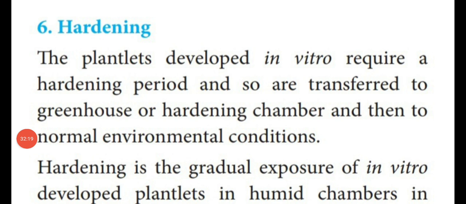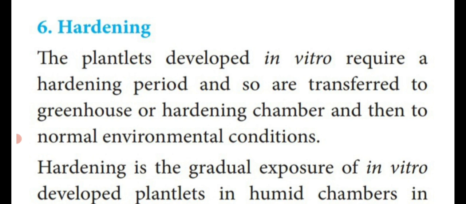Dear students, this is the last technique of plant tissue culture, hardening. The plantlets, that is the newly formed plants developed in the in vitro plant tissue culture method, are transferred to the greenhouse or hardening chamber and then to normal environmental condition. That is known as hardening.